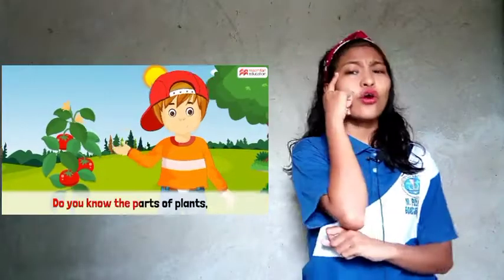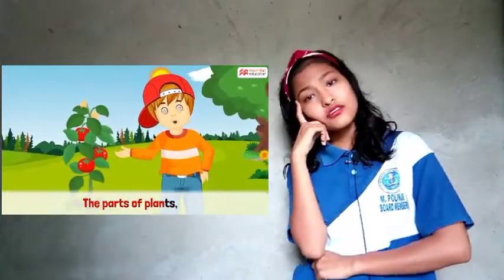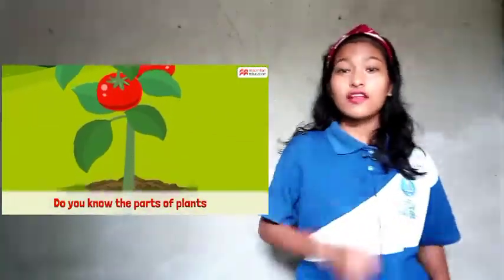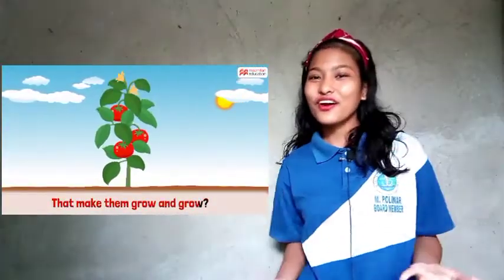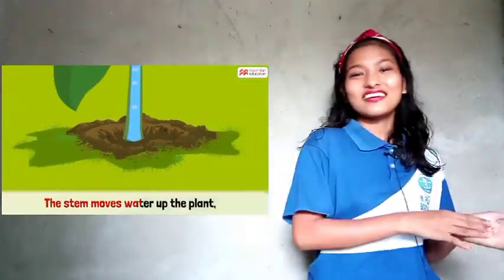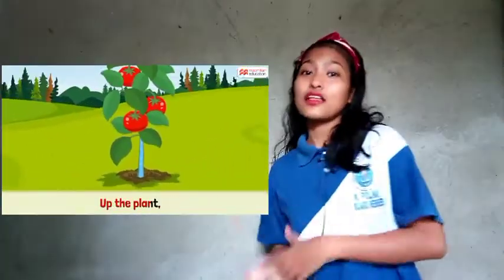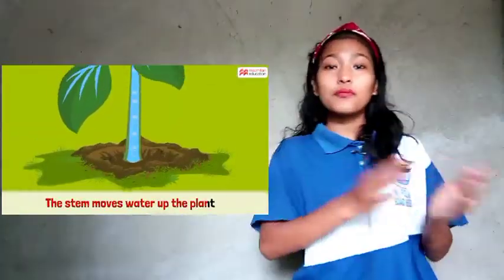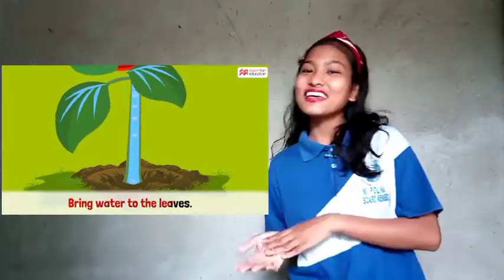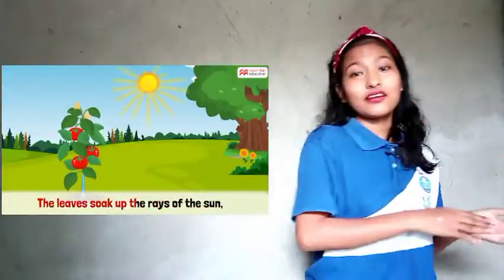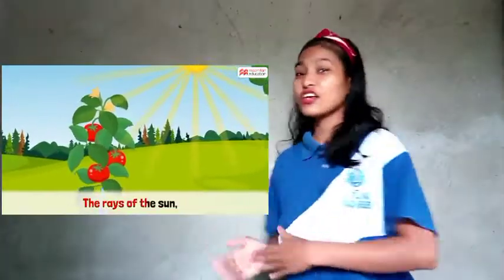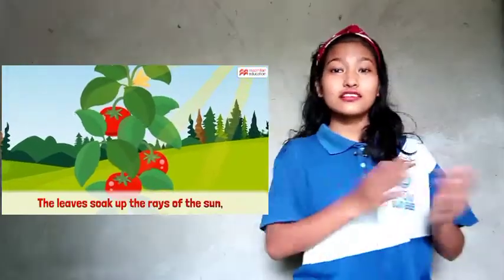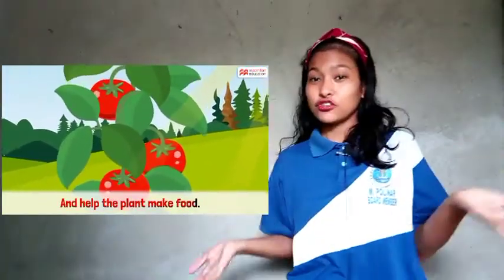Do you know the parts of plants that make them grow and grow? The stem moves water up the plant, up the plant, up the plant. The stem moves water up the plant, brings water to the leaves. The leaves soak up the rays of the sun, the rays of the sun, the rays of the sun. The leaves soak up the rays of the sun and help the plant make food.